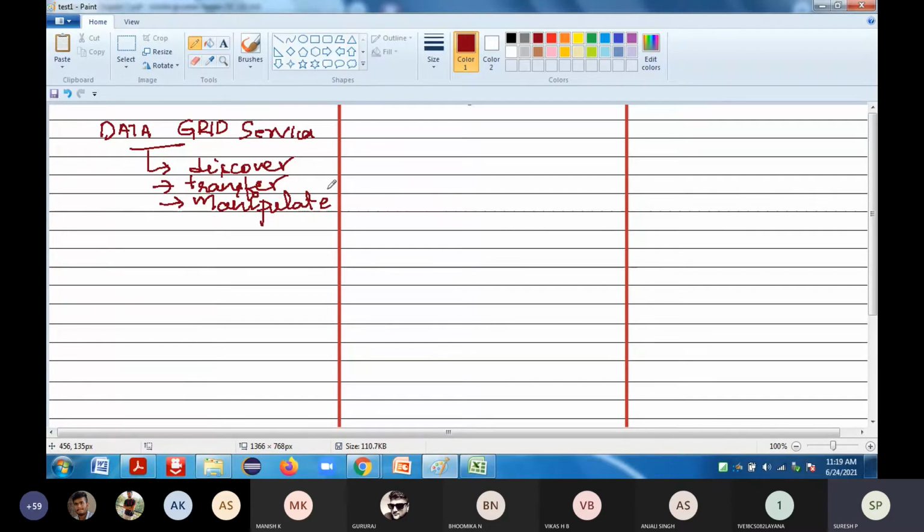Next, it is going to discover a very large data set stored in distributed repositories. So with discover, manipulate, and transfer, it is going to retrieve the large data set, which will be stored in distributed repositories.